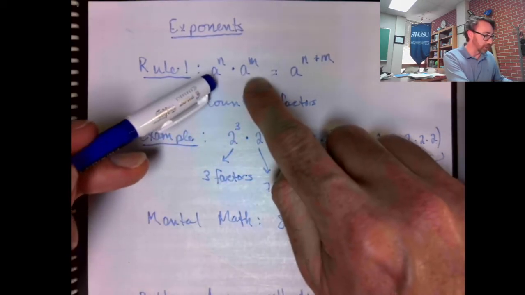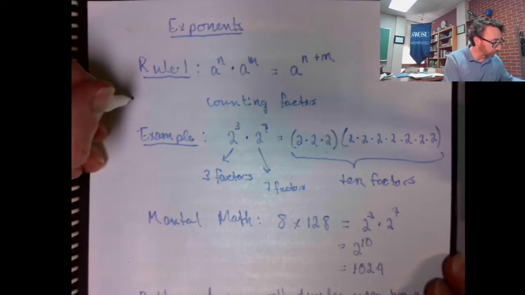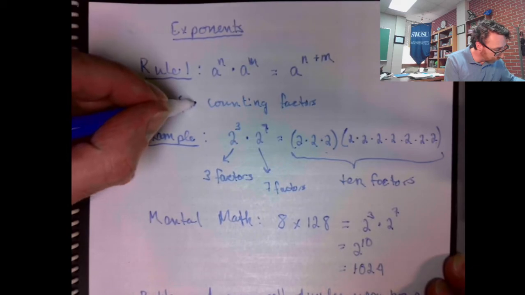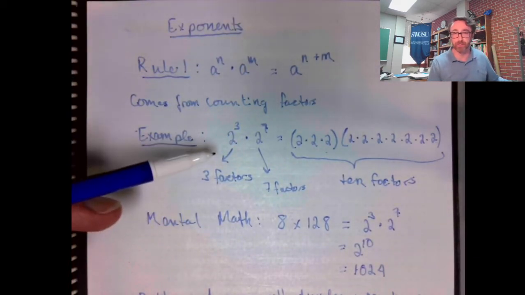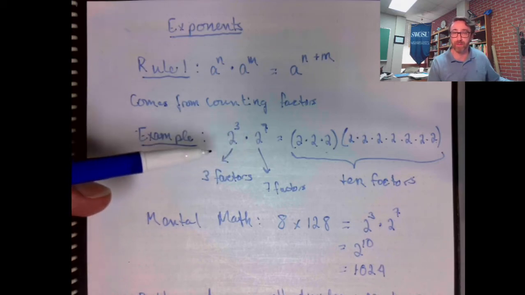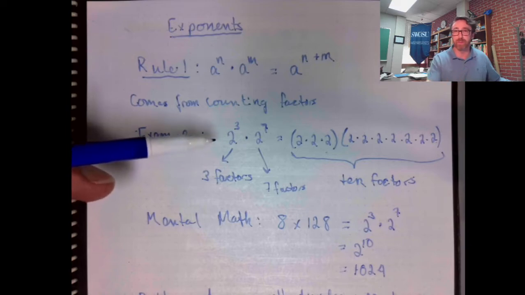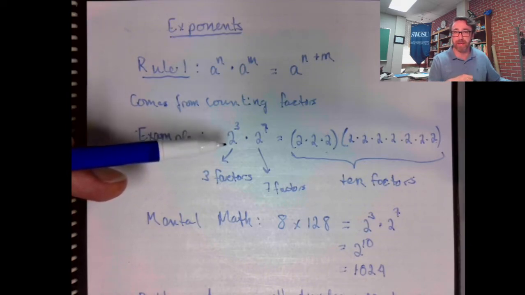So you might remember this: if you have two powers multiplied, you can add the exponents. And this just comes from counting factors. Let's do a concrete example. 2 power 3 times 2 power 7. The notation of exponents tells us how many factors we're going to have.